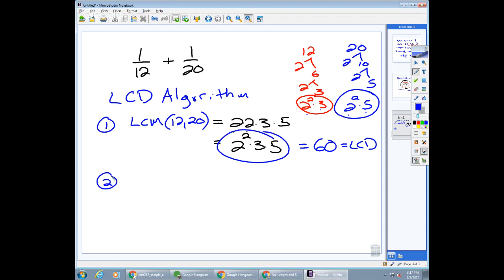Second step is you have to divide each denominator into that. So I have to take 60 divided by 12, which tells me I need a multiple of 5 for the first fraction. And I have to take 60 divided by 20, which tells me the second fraction is missing a factor of 3.